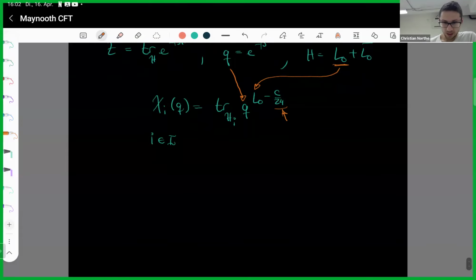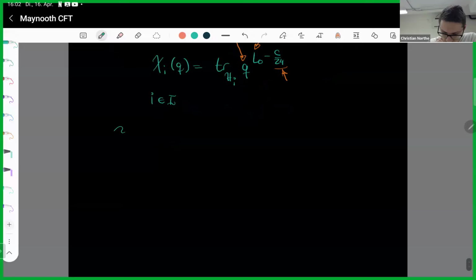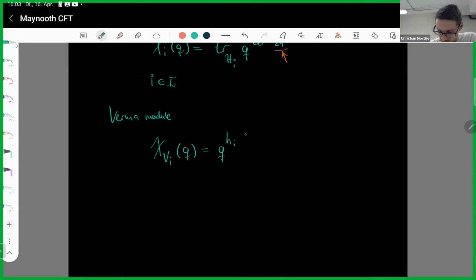Okay. All right. So we have basically done this for a Verma module. For a Verma module, we can also write down a character for the same family. Just like yesterday, let's start differently.